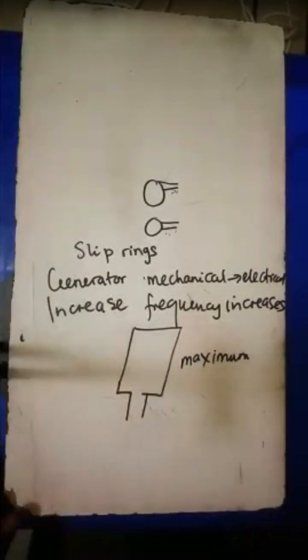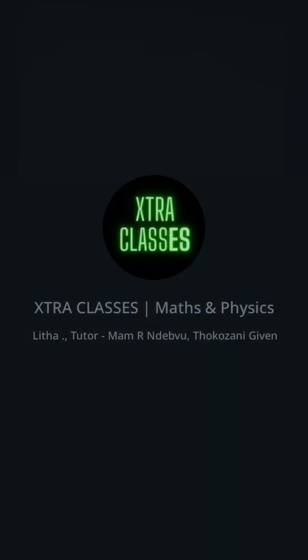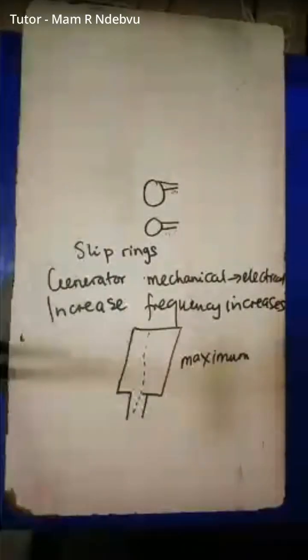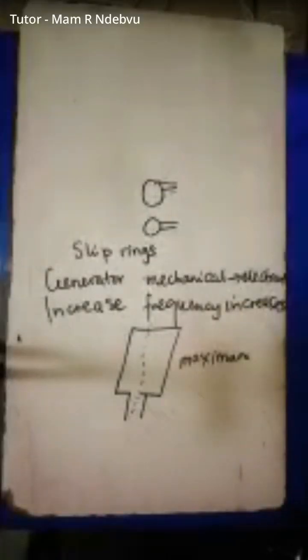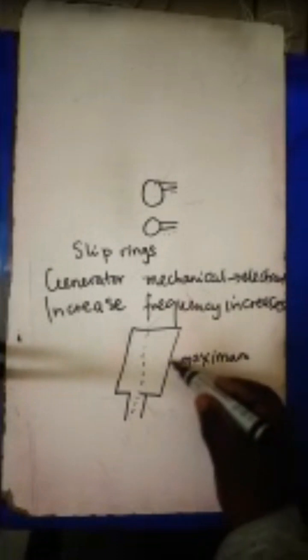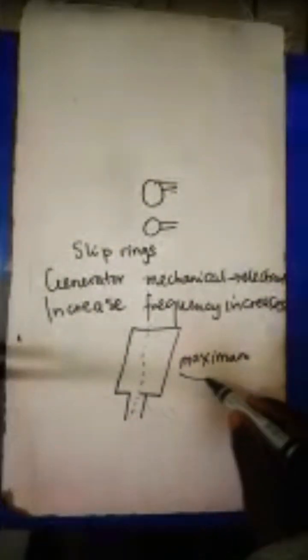Are we having the magnetic field parallel or perpendicular to the coil? What do you think there? If the magnetic field and the coil are at the maximum point, are they parallel or perpendicular to each other?